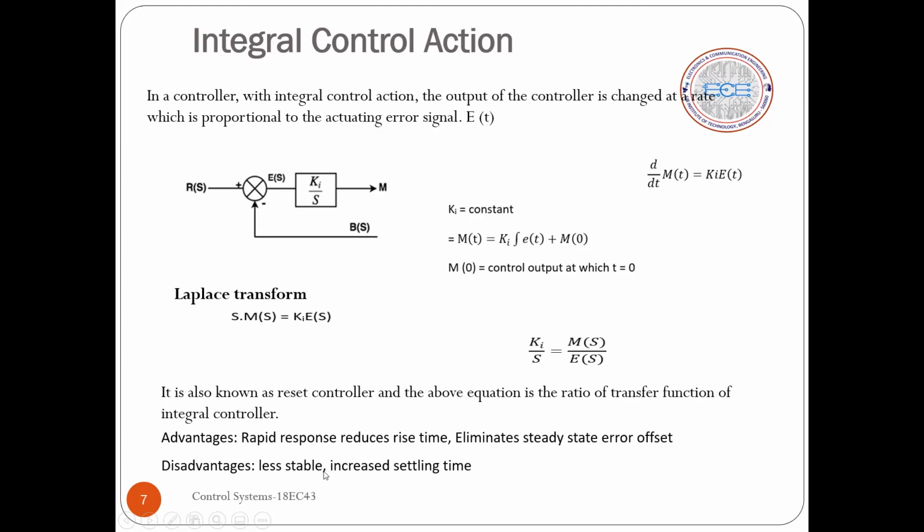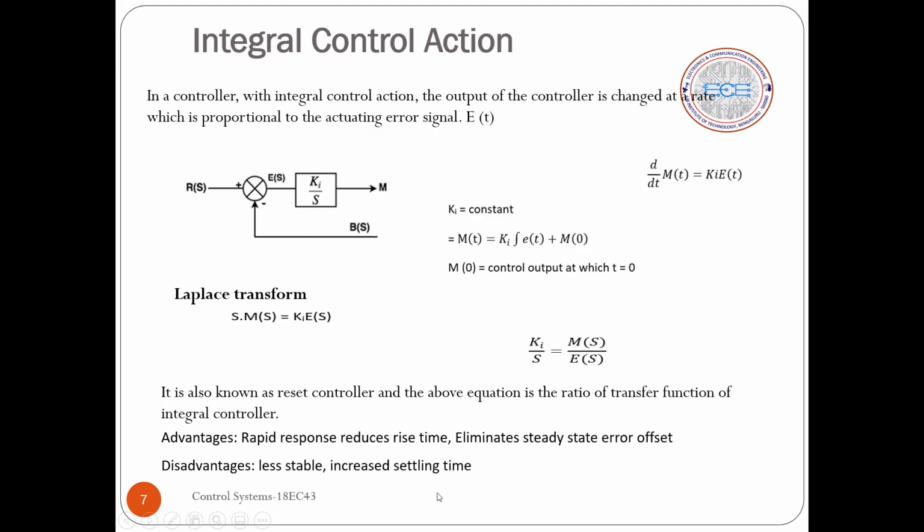Disadvantages: we found that this is less stable. Why? Because we have a pole at the origin. Whenever we have a pole at the origin, the system is very prone to instability. A small change in the instability-causing parameter can lead to the system becoming unstable. It also increases the settling time.